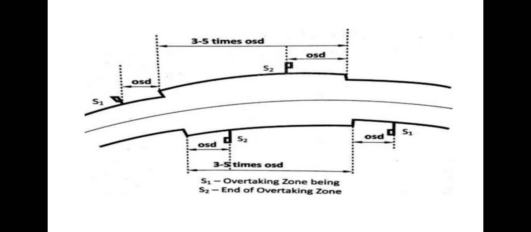So accordingly the signposts, see s1 s2 on either side, are marked for the proper fixation, location and understanding for the driver for the entry and exit of the overtaking zone. The length of this overtaking zone is, minimum value 3 into OSD and maximum 5 into OSD.